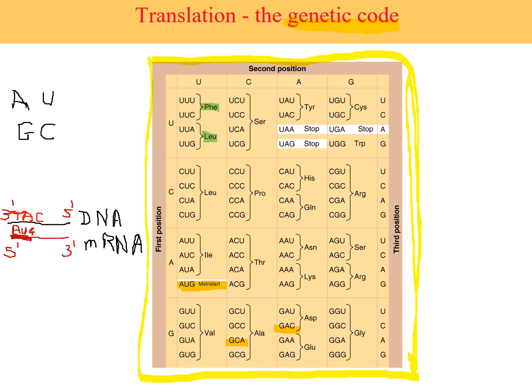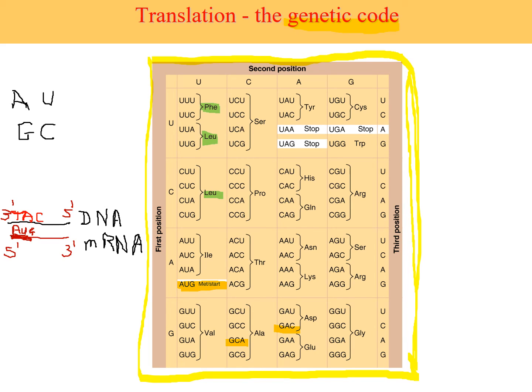You don't have to memorize any of it, but I would like you to know that AUG is coding for a start and also the amino acid methionine. So every newly formed polypeptide protein starts with a methionine. So here we have phenylalanine, leucine.